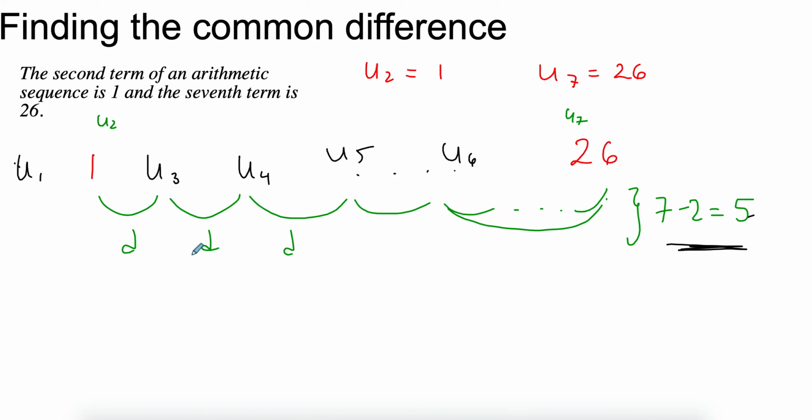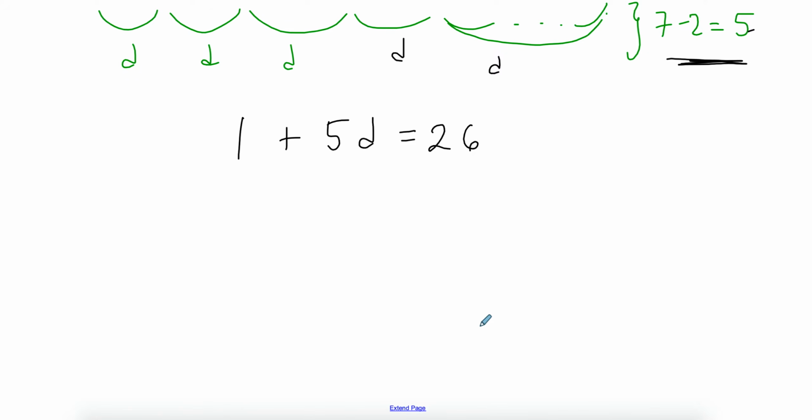Now, how do I translate this? Well, you start with 1, and you've added this common difference 5 times, and that should give me 26. And there you go. You have an equation now in terms of the common difference, and we can solve it.